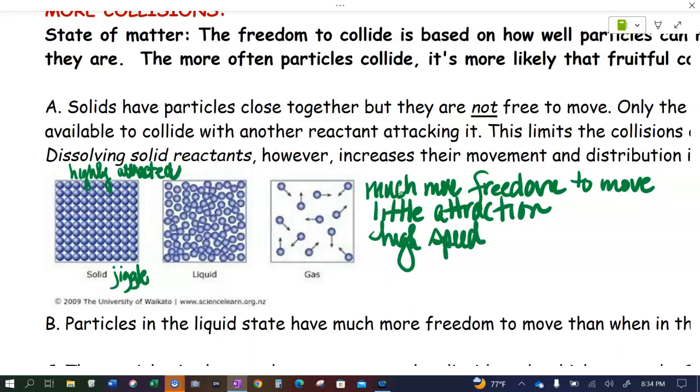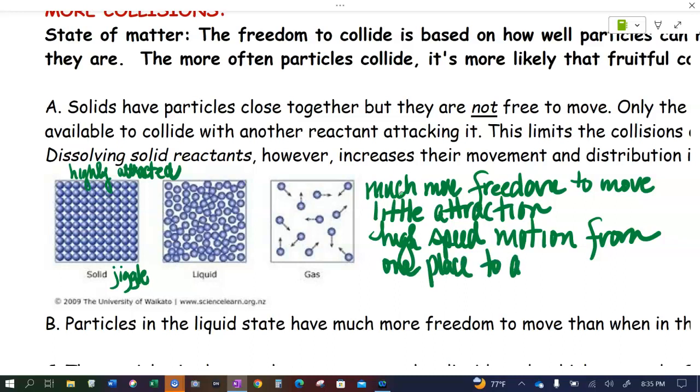That's called translational motion, from one place to another. All right, they're moving randomly, of course. Much more freedom to move, little attraction, high-speed motion from one place to another.